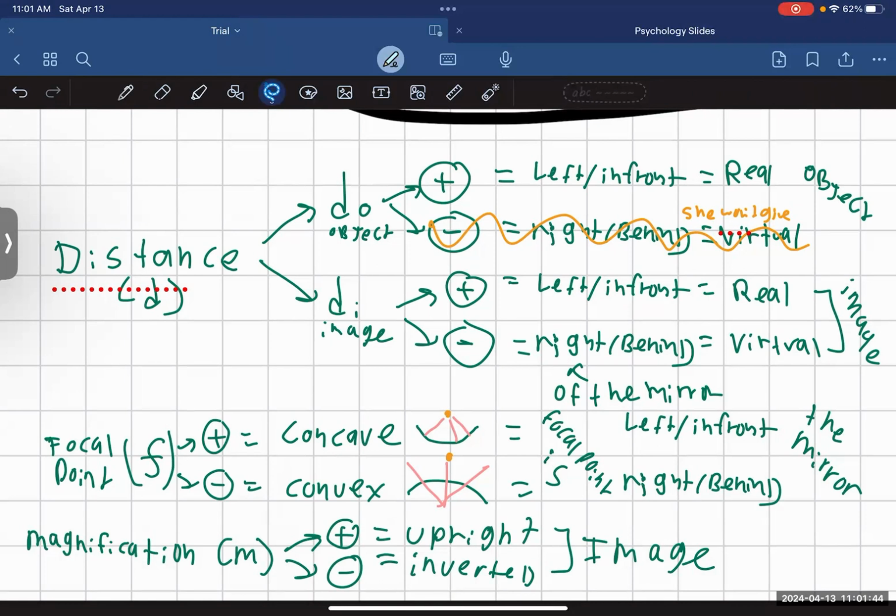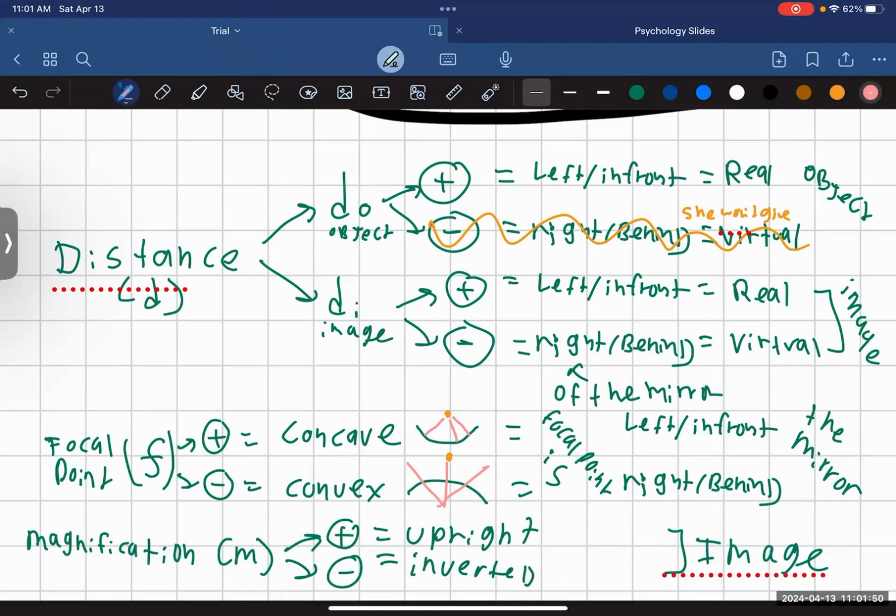And what that would look like is if I were to draw something, let's say a tree. If I were to draw a tree and it was upright, it'd look like this, right? If it was inverted, it'd look upside down. Apparently not good at drawing a tree upside down. But yeah.